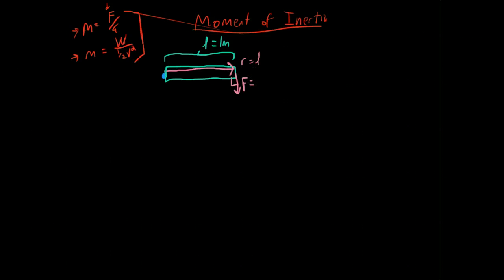What's going to happen is we're going to take this door and rotate it. So here's the door, and it's got its pivot point here, and at some point later it's going to be rotated through some angle theta.